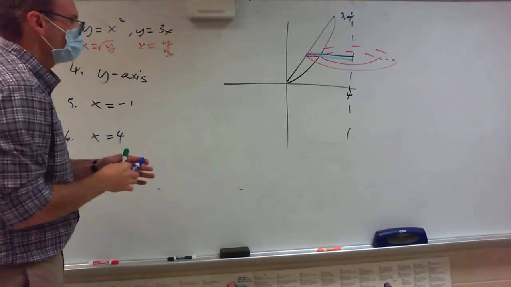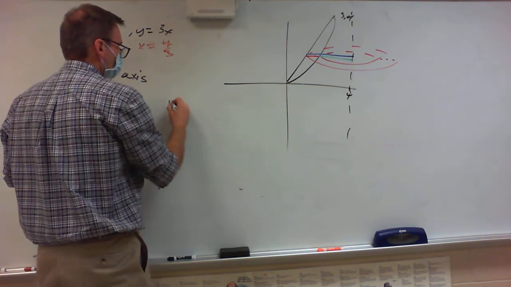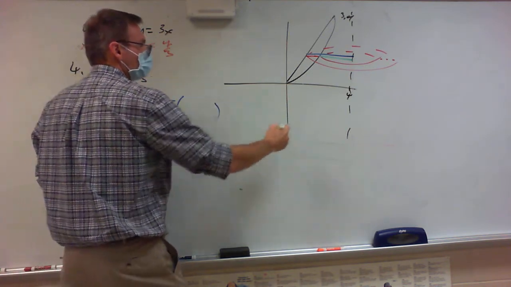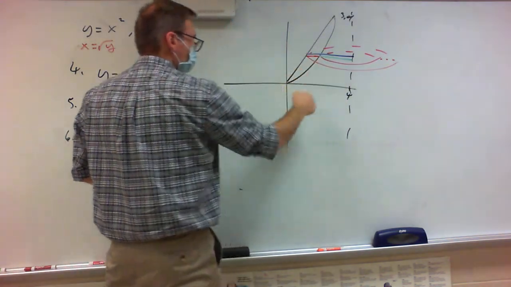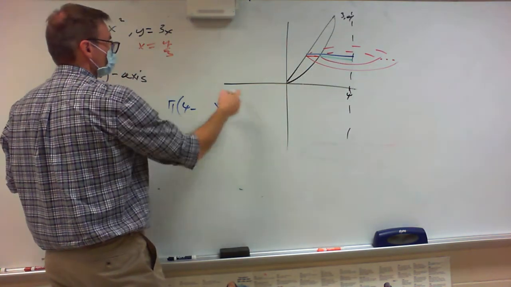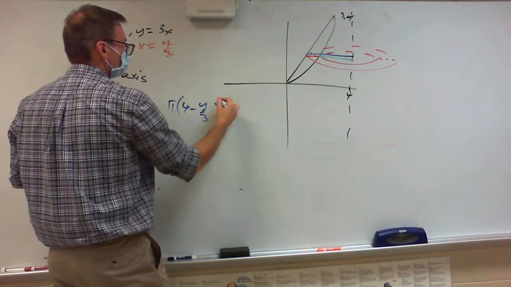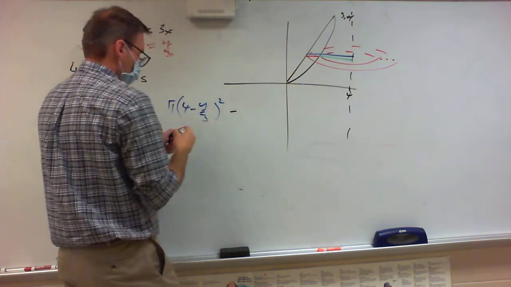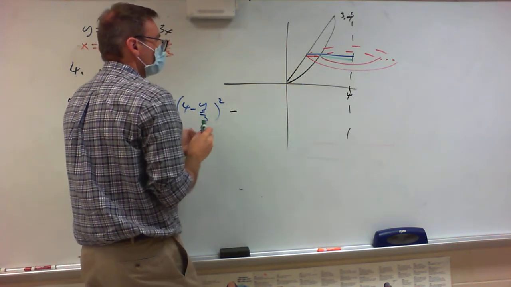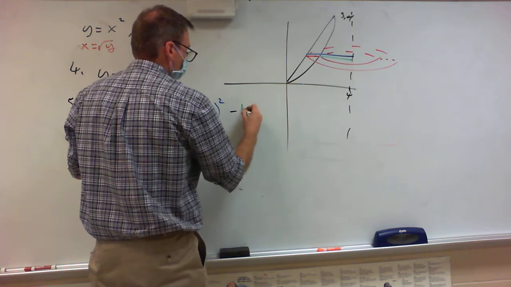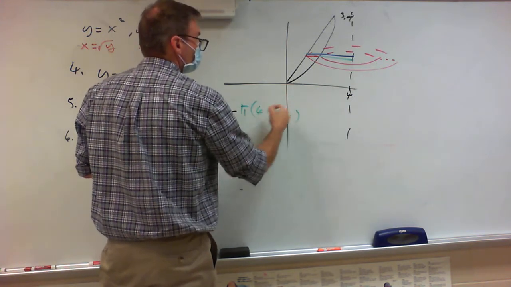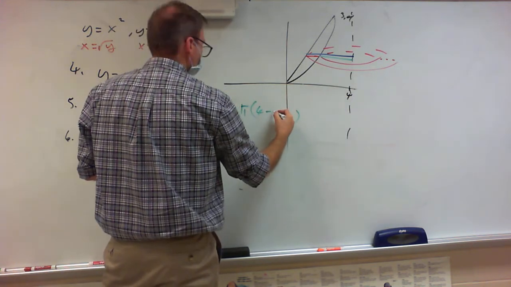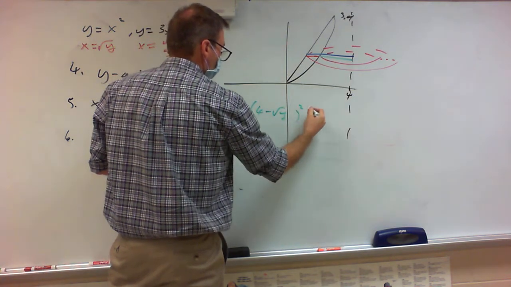And so when I set up, that's going to be pi times my big radius, which is right minus left, and so that's going to be 4 minus y over 3 squared minus pi times 4 minus the square root of y squared dy.